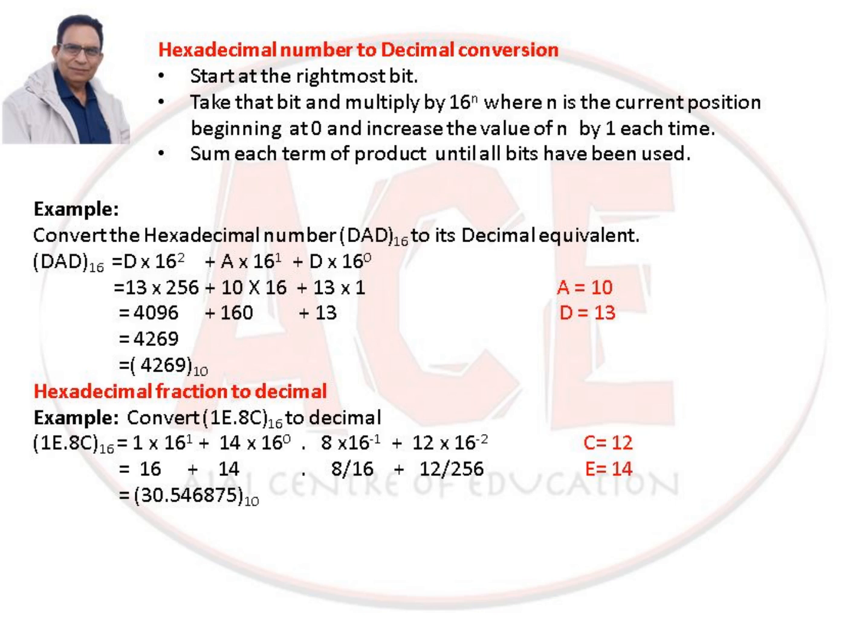Writing the expanded form of the given hexadecimal number, we are getting 1 into 16 to the power 1 plus 14 into 16 to the power 0 plus 8 into 16 to the power minus 1 plus 12 into 16 to the power minus 2. Summing all these values, we are getting 30.546875 base 10. So this is our required decimal number.